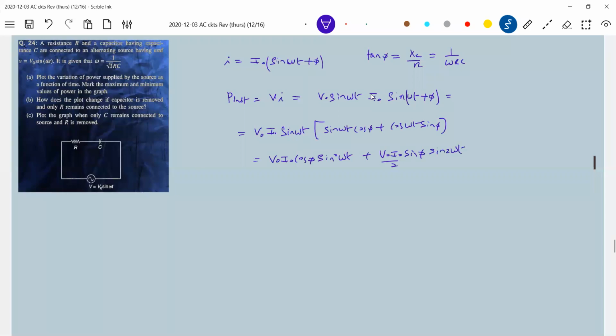The 2 I adjusted here. So this is the expression for instantaneous power.